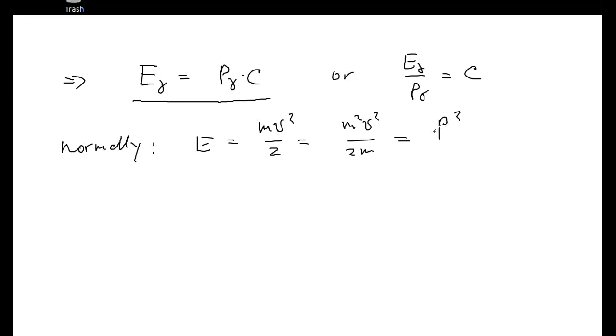P squared over 2m. So when my kinetic energy is proportional to p squared, this is something you would normally guess for a particle. And this would be a way to introduce the inertia, the mass. But look at this. What does it mean?